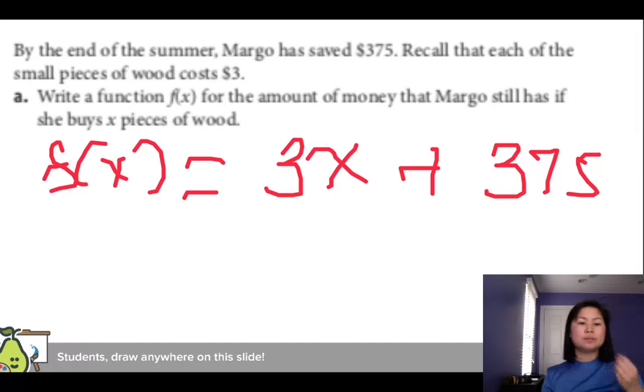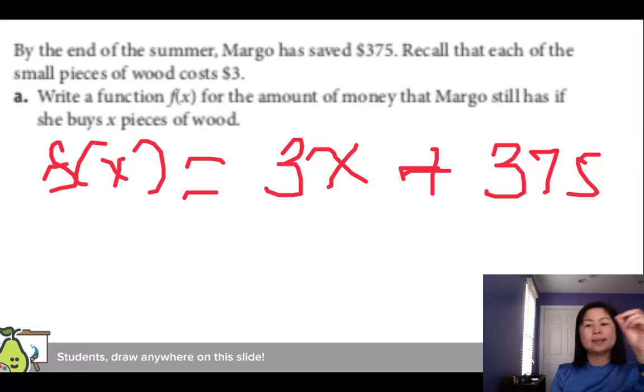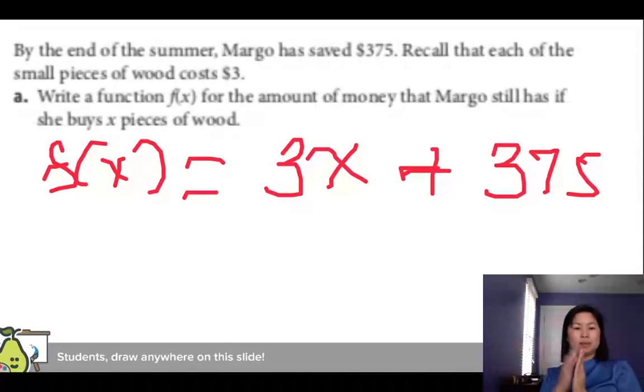This is what most of you gave me from private chat, from public chat. But here's the thing, be very careful: just say that she has that $375.